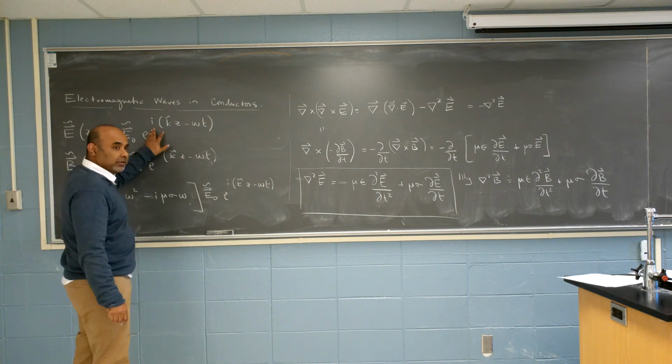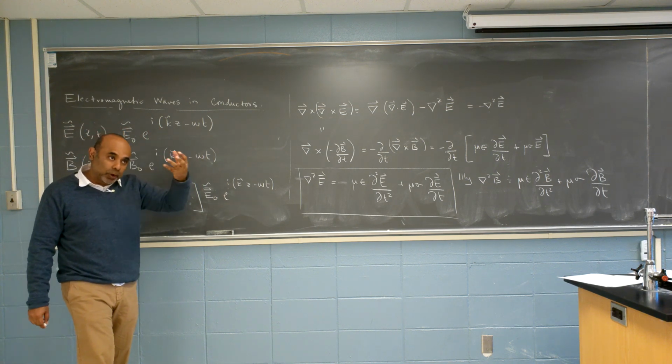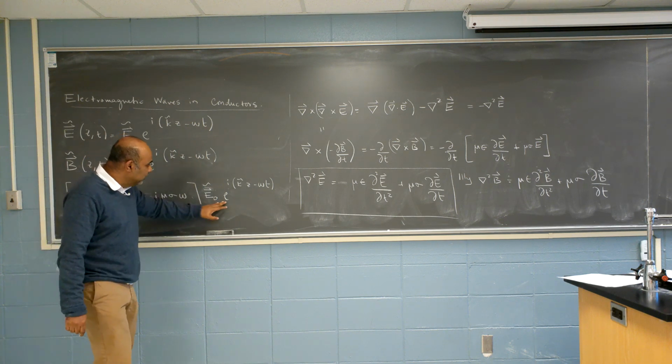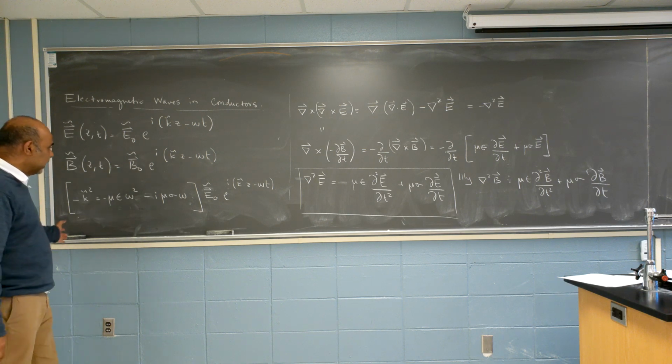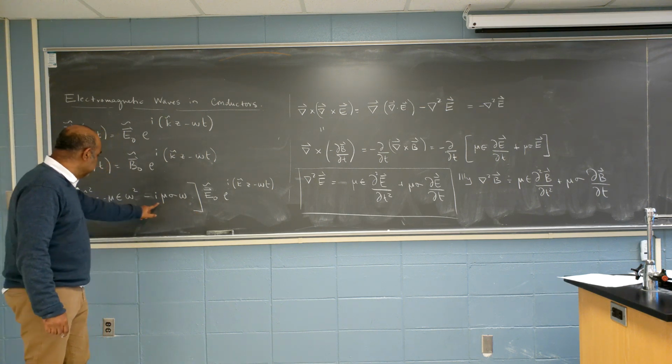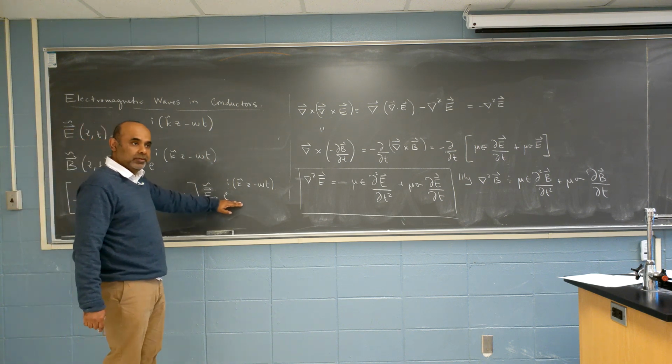Because whenever you take the derivatives in the exponential, whatever the coefficient, that just comes out and you get the same remaining function. This can only be true when this goes to 0, because this never goes to 0.